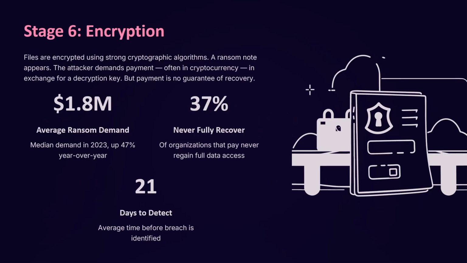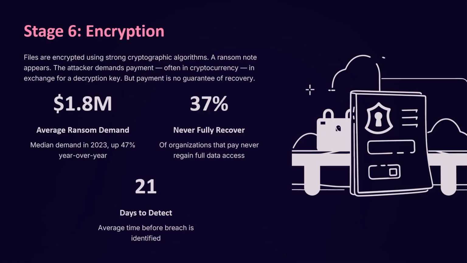Stage 6 is encryption. This is where it all becomes real. Files are locked, systems are unusable, operations stop. A ransom note appears, a demand, pay or lose everything. The average ransom demand, millions, and even if you pay, there are no guarantees.